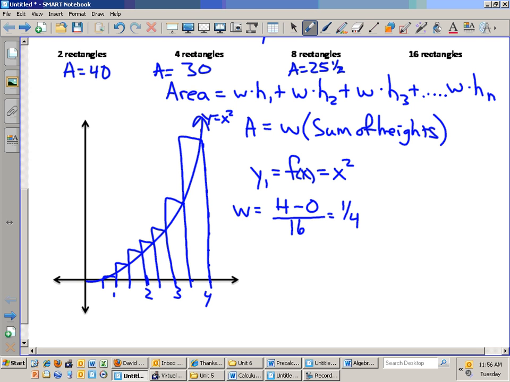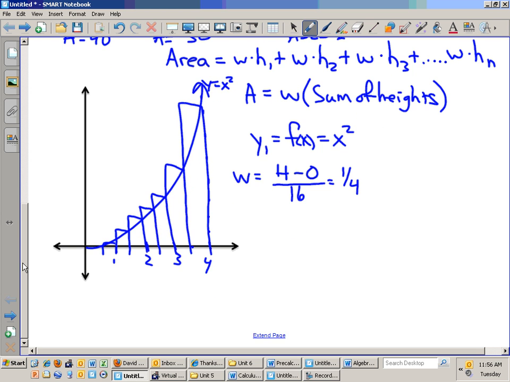So what we can do is write this down. Sum. And then we're going to sum a sequence of numbers. Sequence.